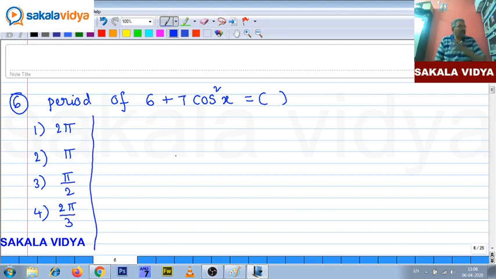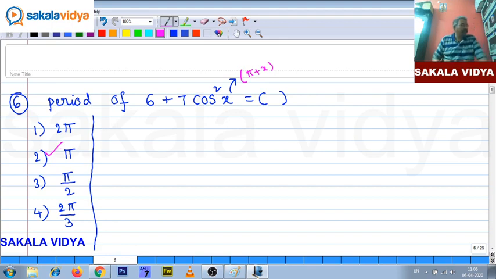If you observe the options, we can say the answer here. If we put pi plus x in place of x, what do you get? Cos of pi plus x is minus cos x, but square is there, so cos square, the same function you will get. So the period is pi. That means the second option is the right option.